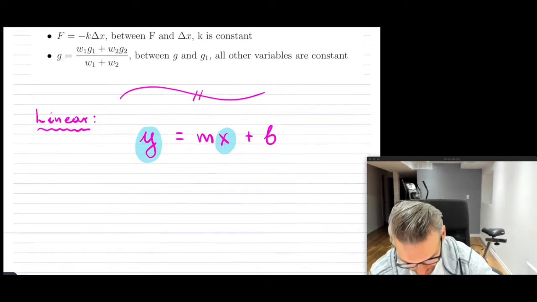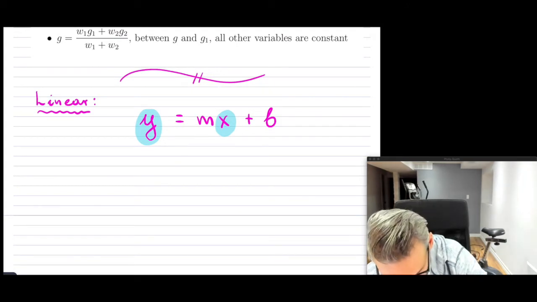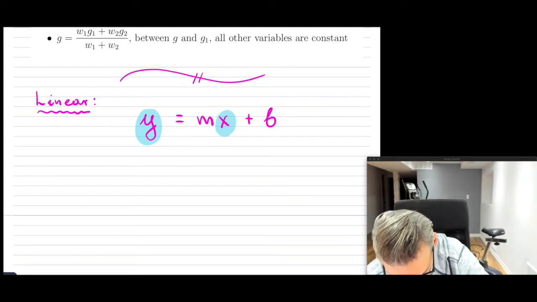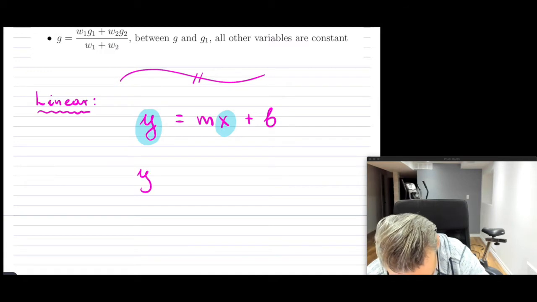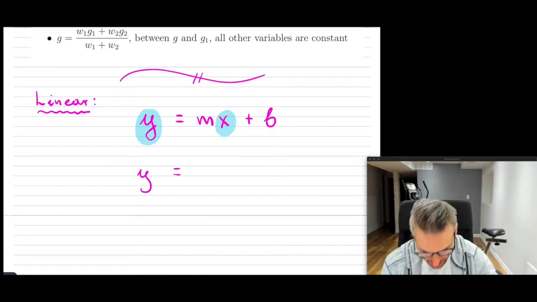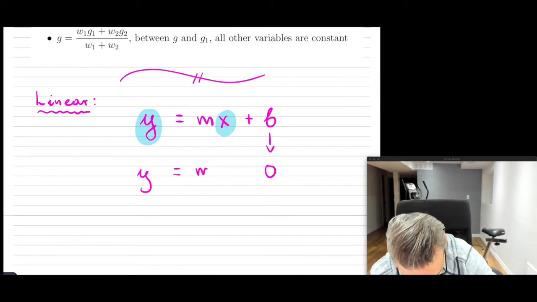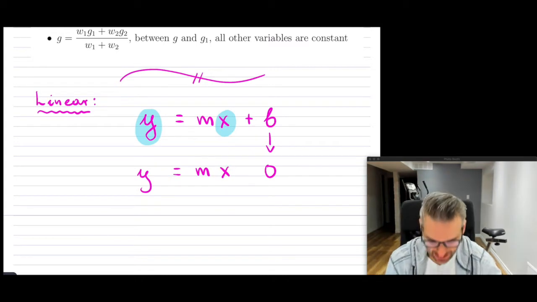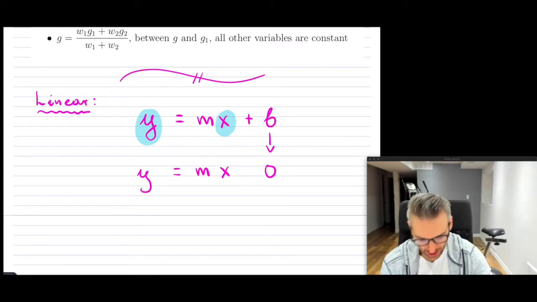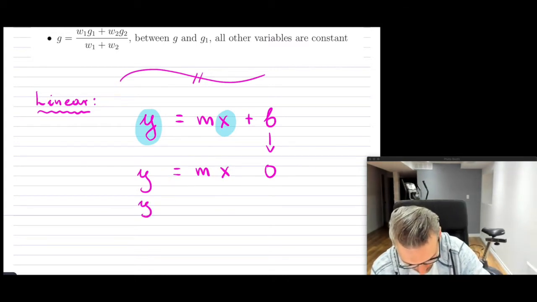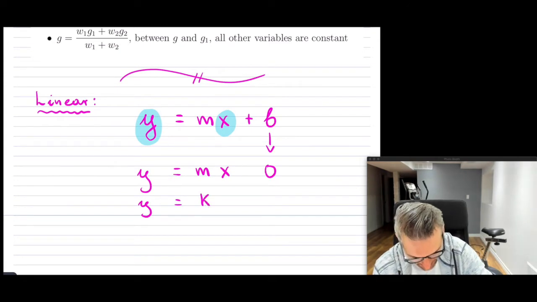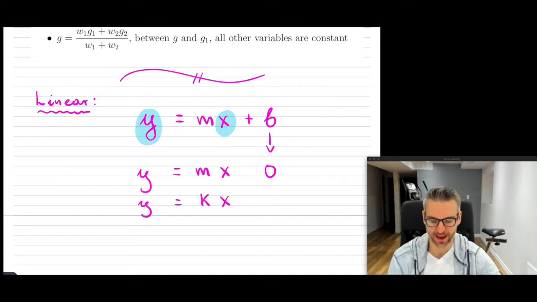Now, a direct proportion is actually a very special case of this. Most of the time, if this b is equal to 0, then all you're going to have is just a scaling by the slope, which most people, for direct proportions, simply say k because it's a constant, instead of using m.